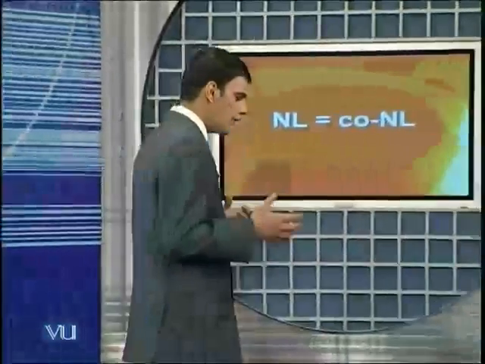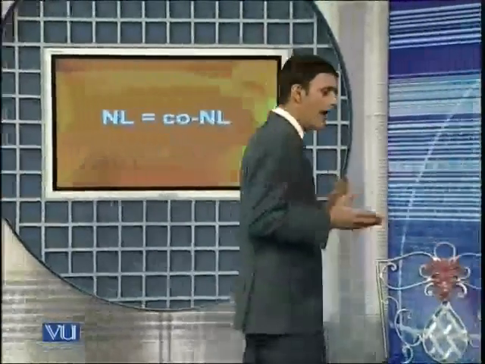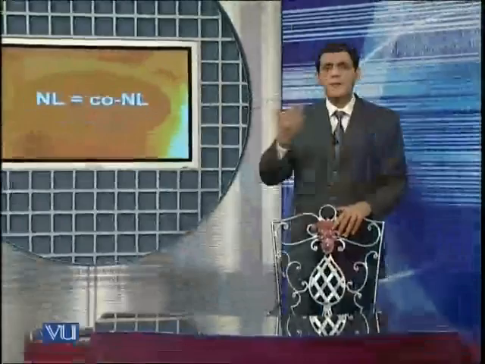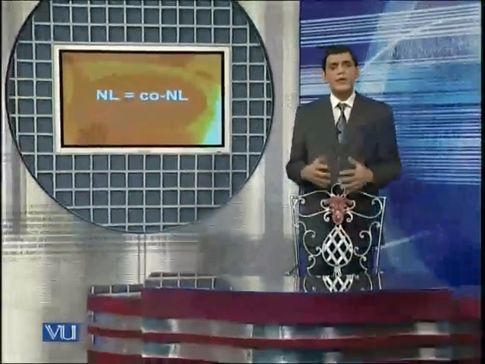Remember that when we talk about space-bounded Turing machines, we have an input tape that the machine is allowed to read over and over again. There'll be a work tape and there'll be an output tape.